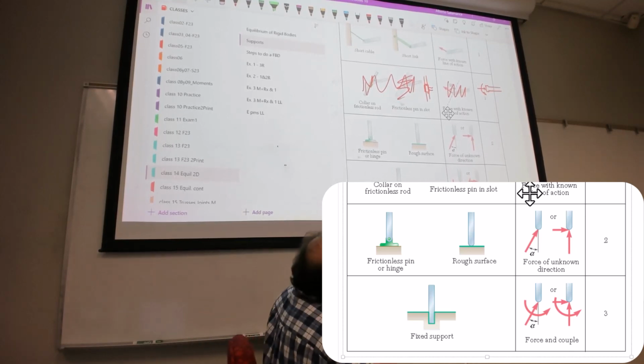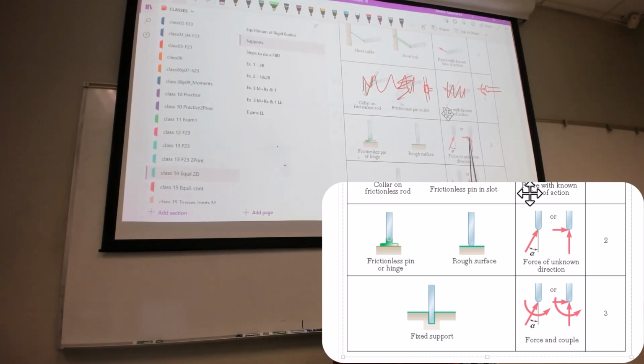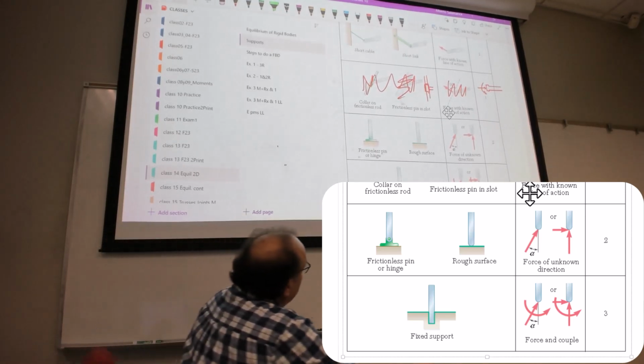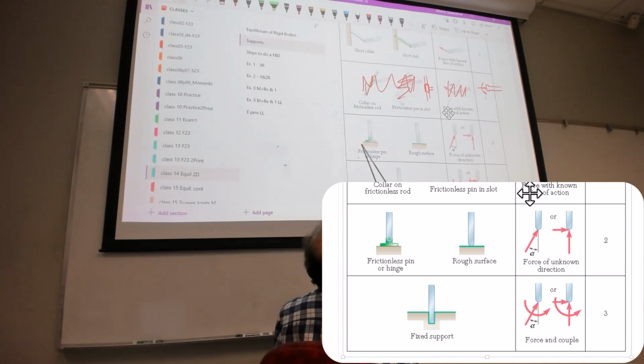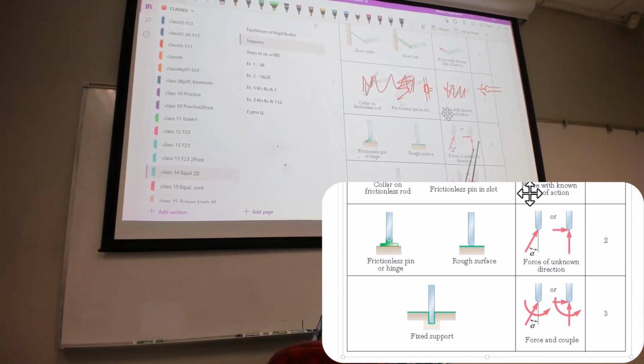But that's what we are doing when we ask, okay, can this move horizontally? Okay, so let's put that force. Can we move vertically? Okay, let's put this force. Or you can think of, well, there will be a force here in a direction that I don't know, so it's going to be something like this. But it's ugly to work this way, so you better work with the components of that force. And you have here two unknowns. If you do it like this, you also have two unknowns, 1 and 2.